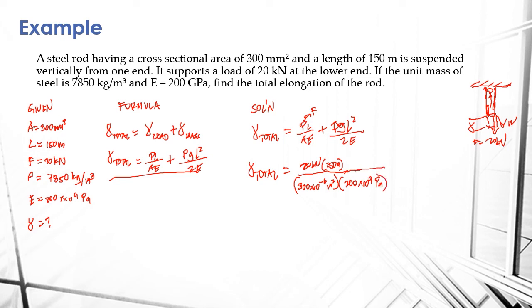Sunod katong elongation sa iyahang mass, katong rho gL squared. So 7850 times ang gravity 9.81, kay SI man, naka-kilogram man siya. Nya ang length niya is 150 meters squared all over 2 times modulus of elasticity nga 200 times 10 raised to 9, di ba?